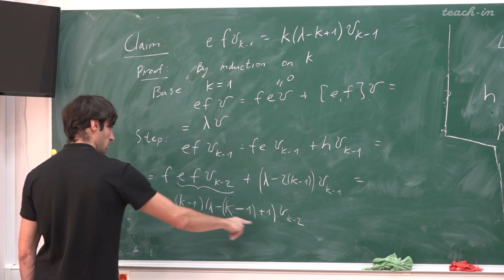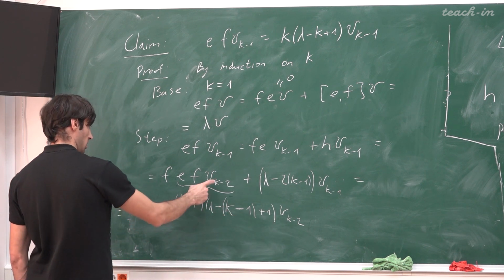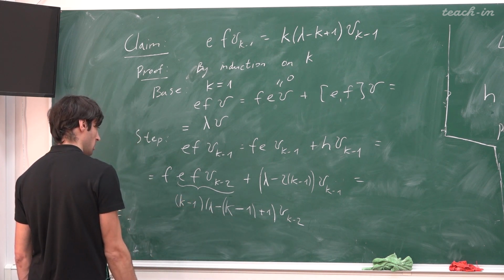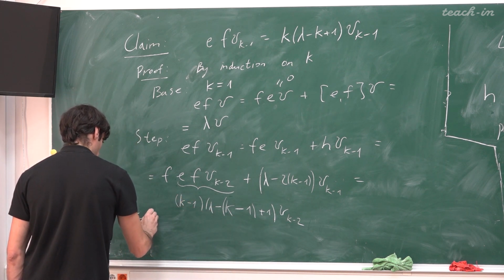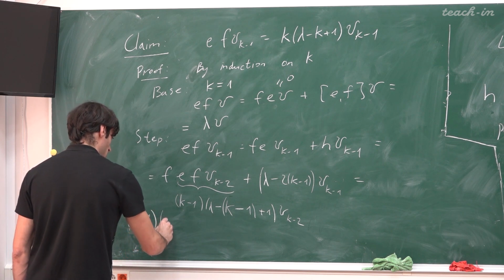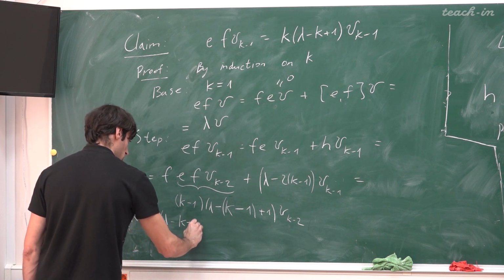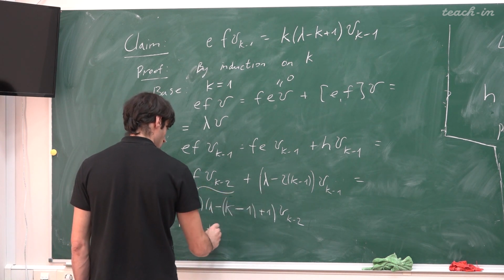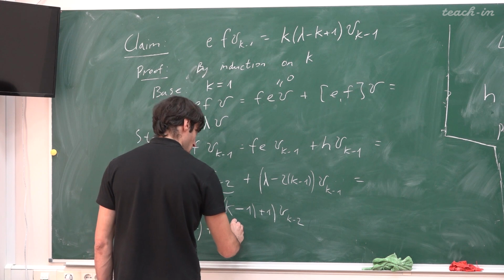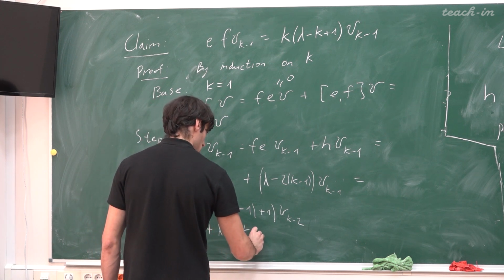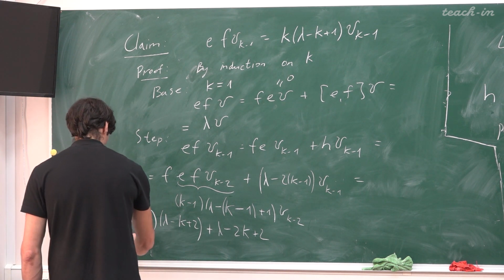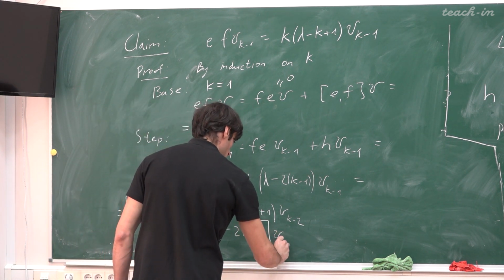F goes through this factor, hits v k minus 2, gives me v k minus 1, right? So I have k minus 1 lambda minus k plus 2, and then this thing plus lambda minus 2k plus 2, v k minus 1.